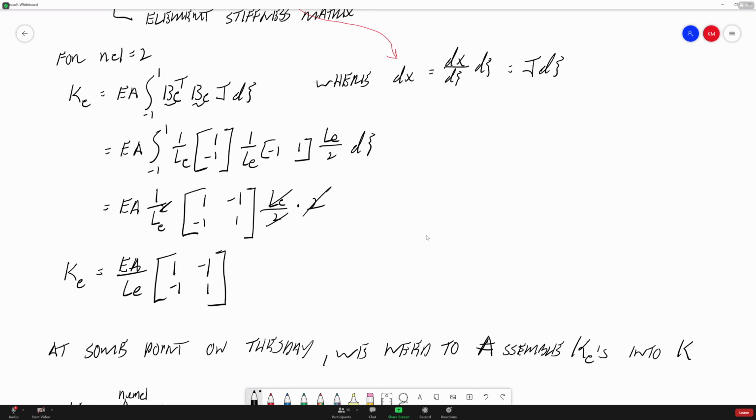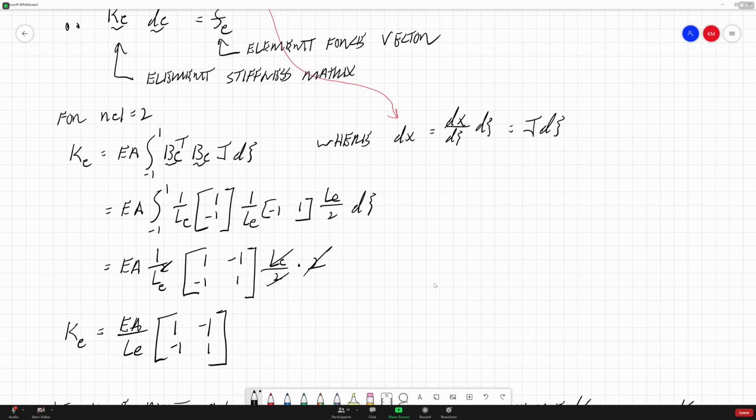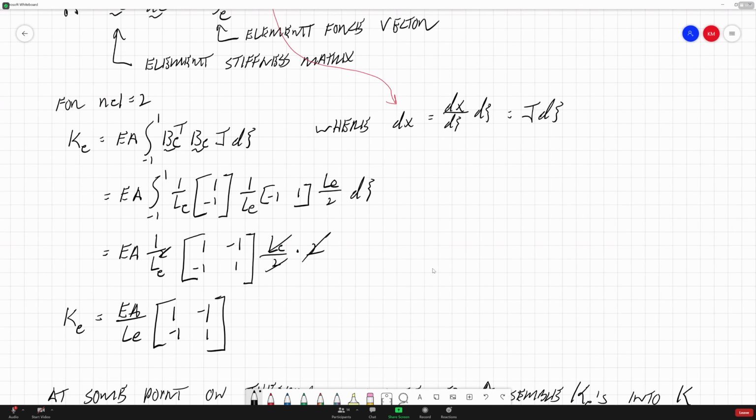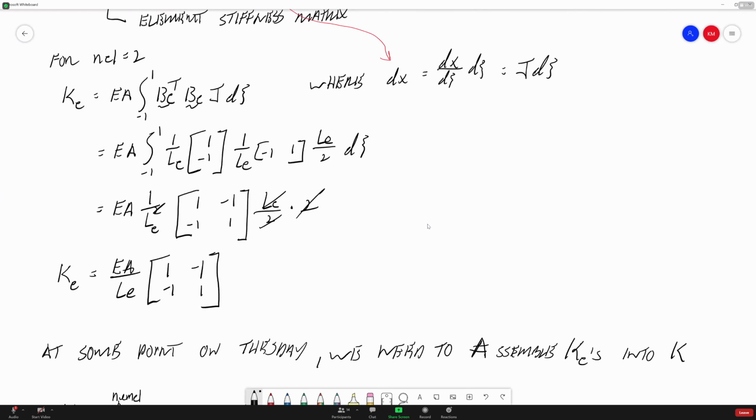Yeah, but remember this matrix, these are basically the values of your shape functions that are embedded in here. Remember, they have to be 1 and -1. If you go all the way back to what we didn't write out today, in our isoparametric setup, we had our X space and then we have our C space.